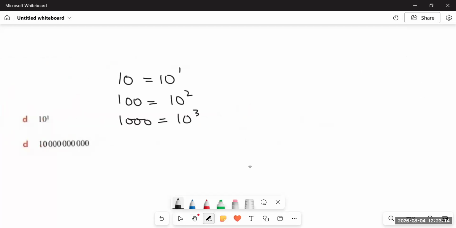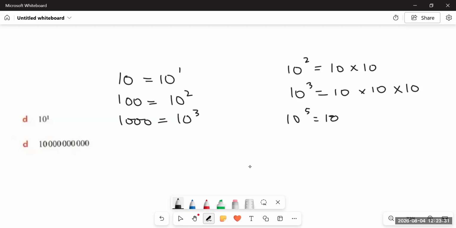This power tells us that 10 power 2 means 10 multiplied by 10. 10 power 3 means 10 multiplied by 10 multiplied by 10. 10 power 5 means there are 5 tens in a row getting multiplied to each other. So this is what it means.